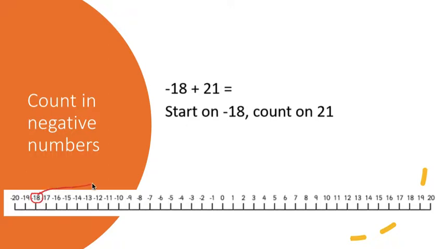First thing I'm going to do straight away is count on 18 to the 0. I need to count on 18, 19, 20, 21. And I've landed on 3. Minus 18, count on 21, equals 3.